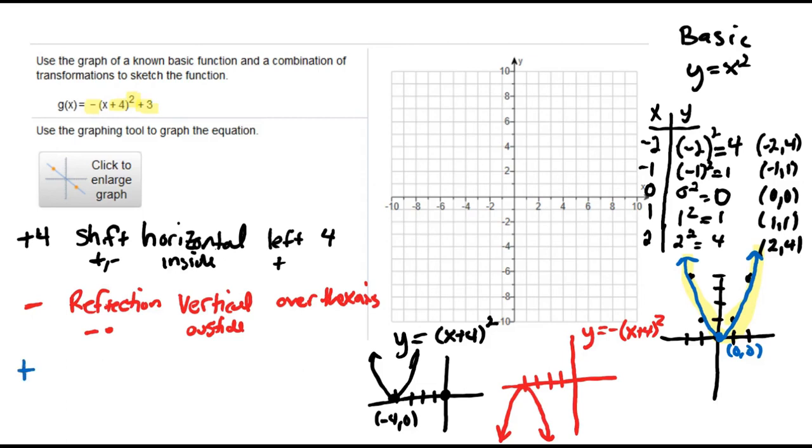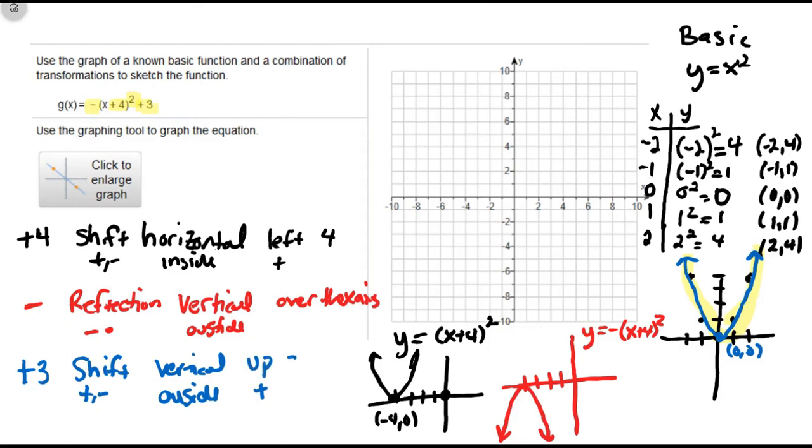Okay, so our final transformation, the +3, I know that's a shift because it's adding or subtracting. That is a vertical shift because that +3 is outside of the square. And because it is a plus, I know I'm going to be shifting up.